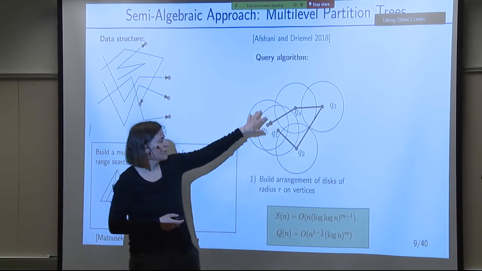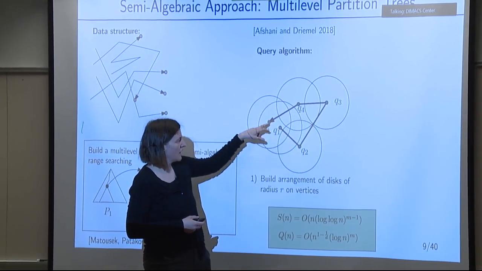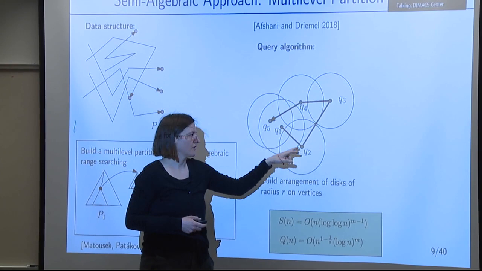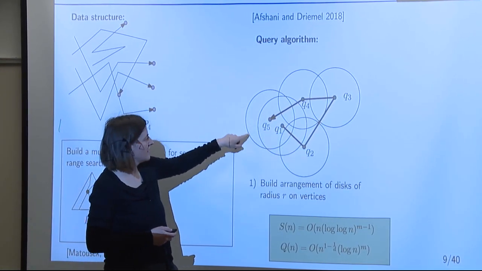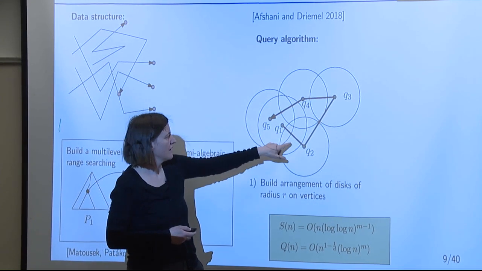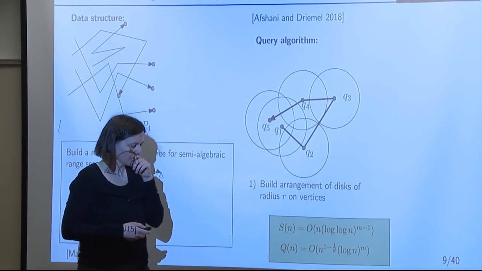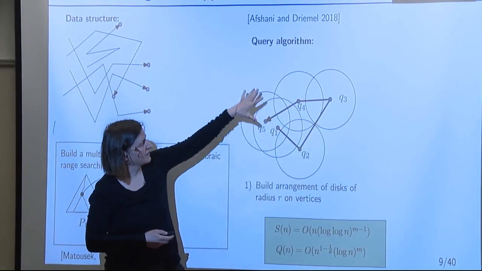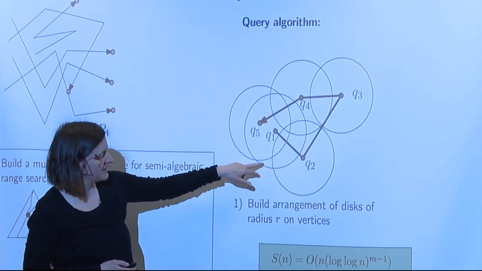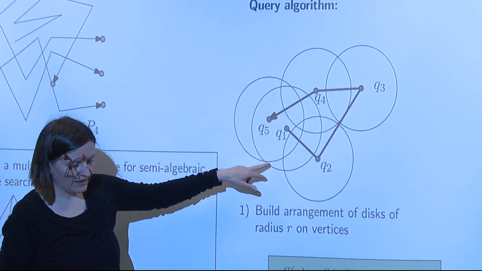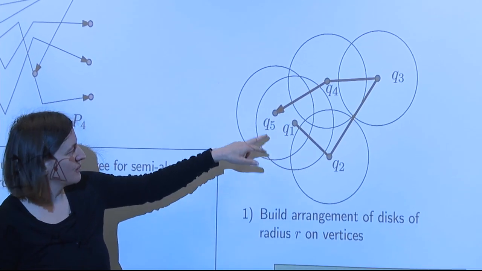We build an arrangement of disks of radius r centered on these vertices of the query. And this arrangement has these cells, so the arrangement of disks partitions the space into these cells. What's the property of each cell?